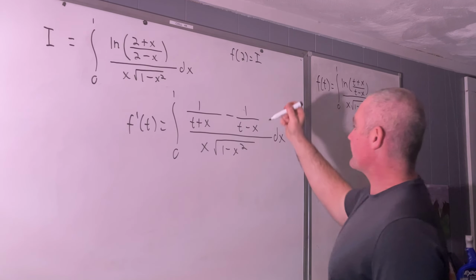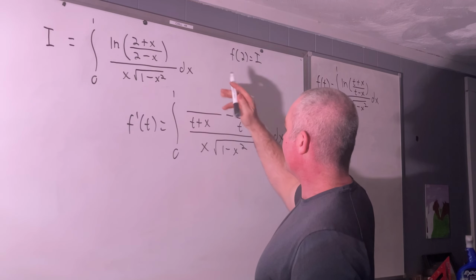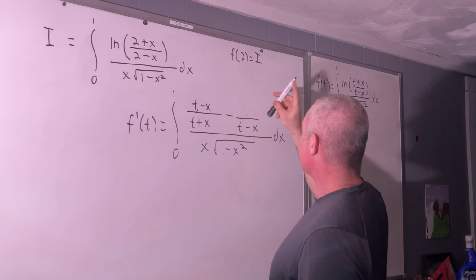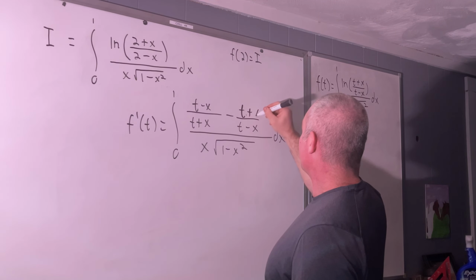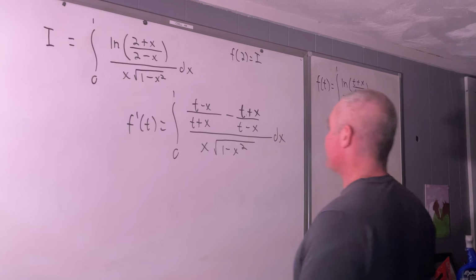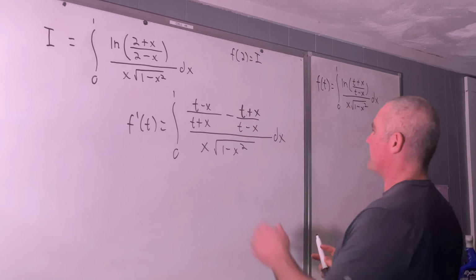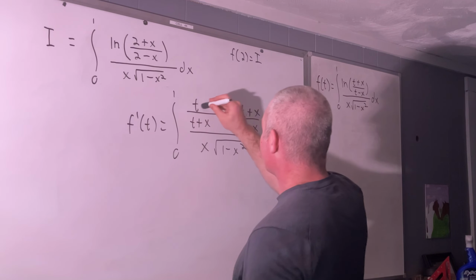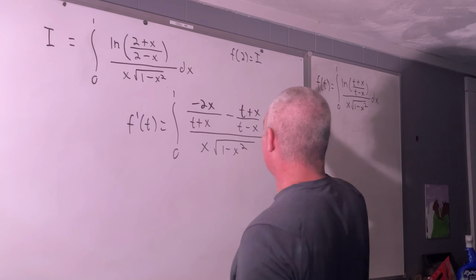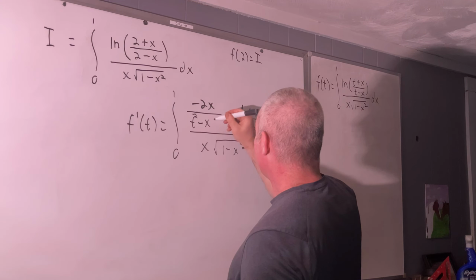We'll cross multiply and get a t minus x here, t minus x here, and a t plus x here. For the denominators, we'll get t squared minus x squared. So altogether, that's going to be negative 2x over t squared minus x squared.